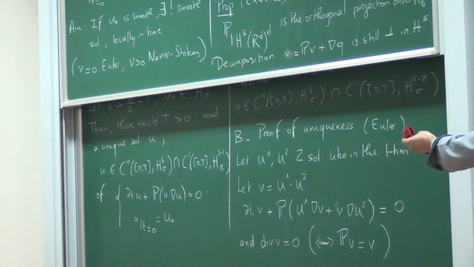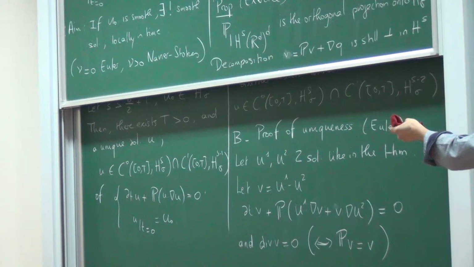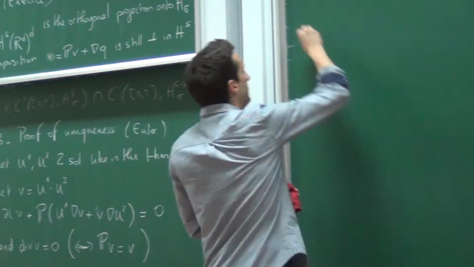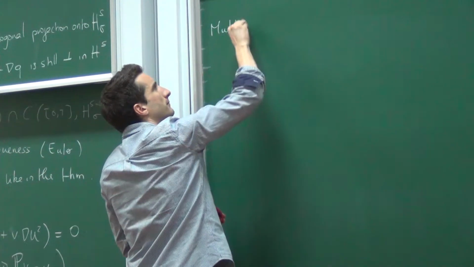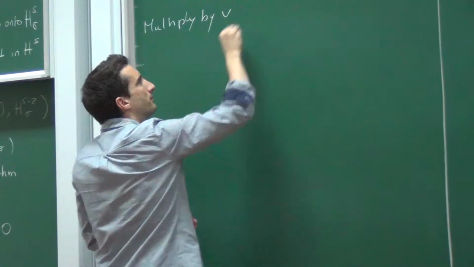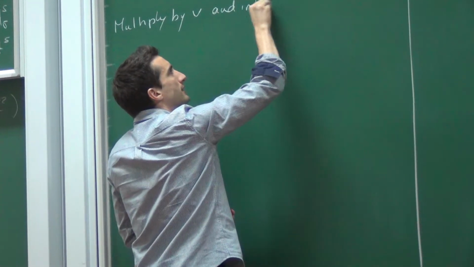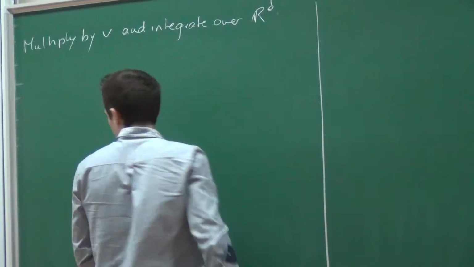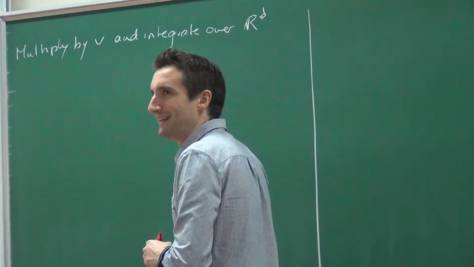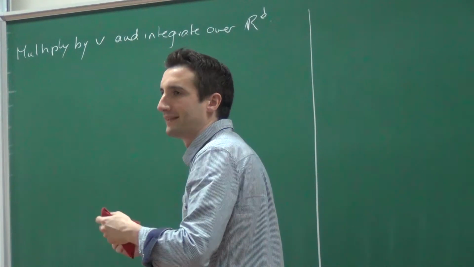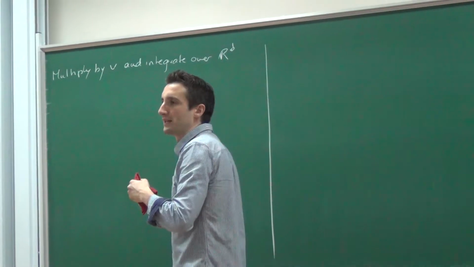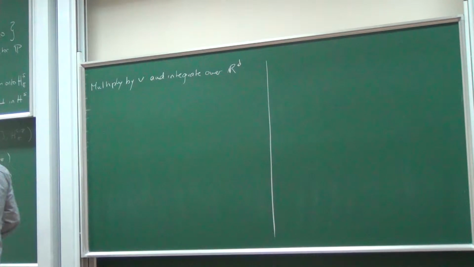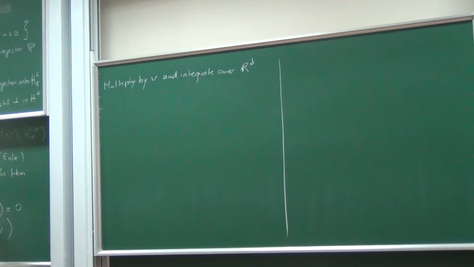And as we have seen, we can perform energy estimates, right? That's a basic tool. So we will do that on this equation for V. We multiply by V, and we integrate over R^d. In the last lecture, it was a bit formal. I said we needed some smoothness, we needed some decay to make everything rigorous. But here, we are dealing with smooth solutions, so there is really no problem.